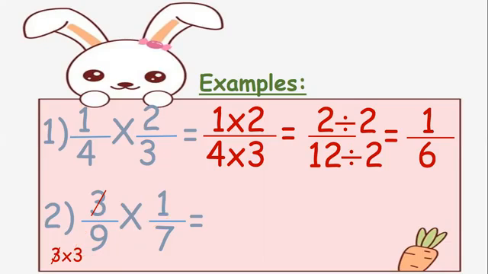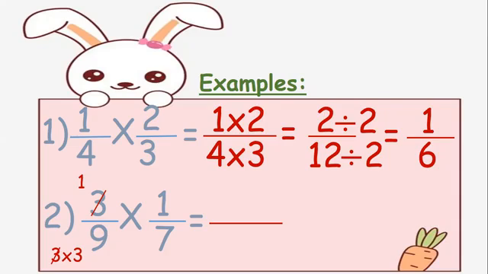Now, after we simplify, what do we have to do? We have to multiply what is left in the numerators and in the denominators. We have 1, but we crossed all the number 3. So what is left? It left 1 because we know that 3 is equal to 3 times 1.